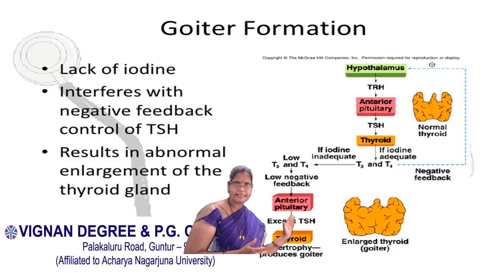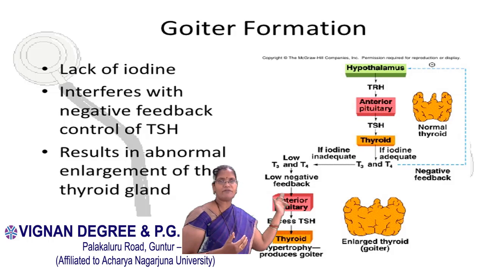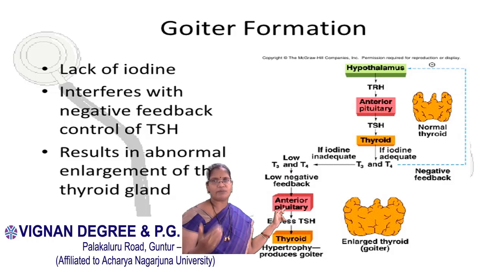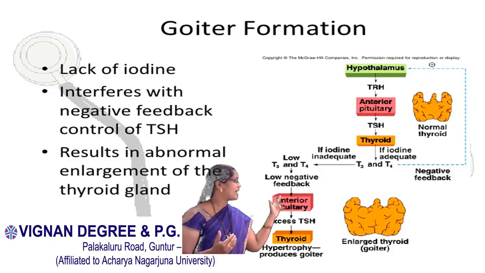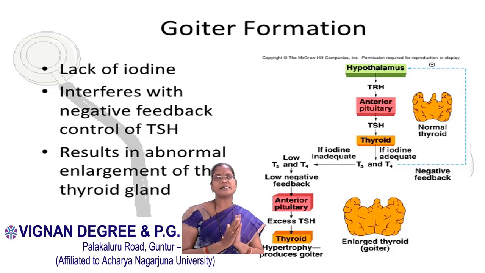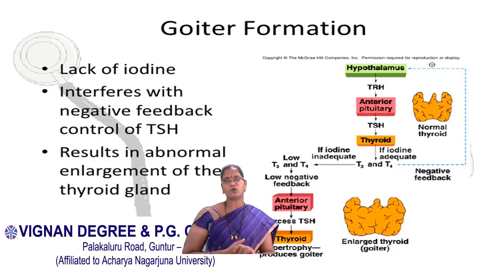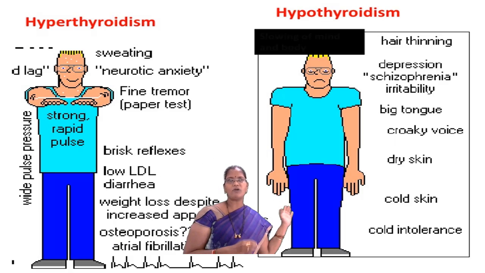In abnormality, if iodine availability is inadequate, what will happen? Low T3, T4 hormones will show low negative feedback. That means excess TSH will be acting on the thyroid gland. As a result, the thyroid gland will enlarge, and that condition is called hypertrophy, which is called goiter. So this is about goiter.